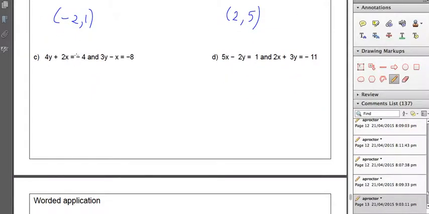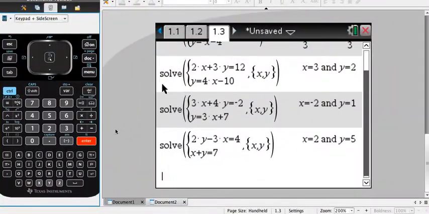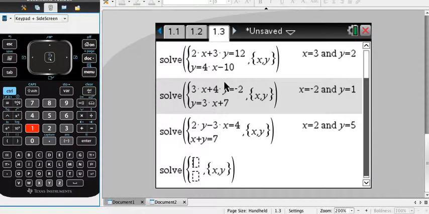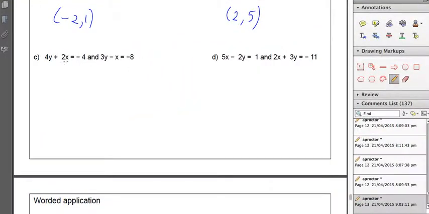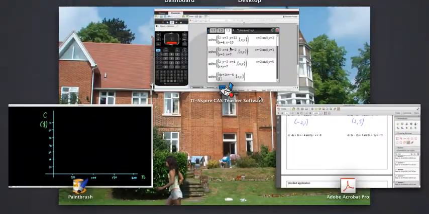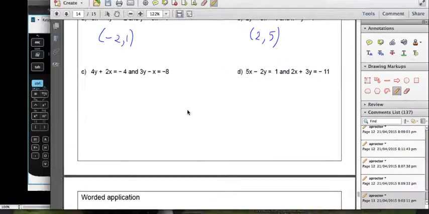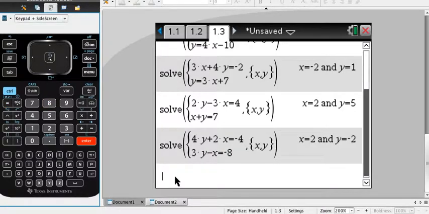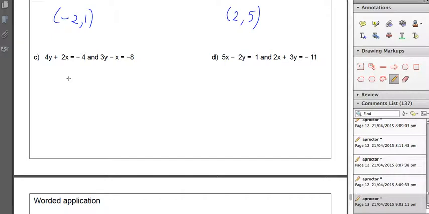Next, y plus 2x equals -4, and y minus x equals -8. And press enter. 2, -2 for this one.